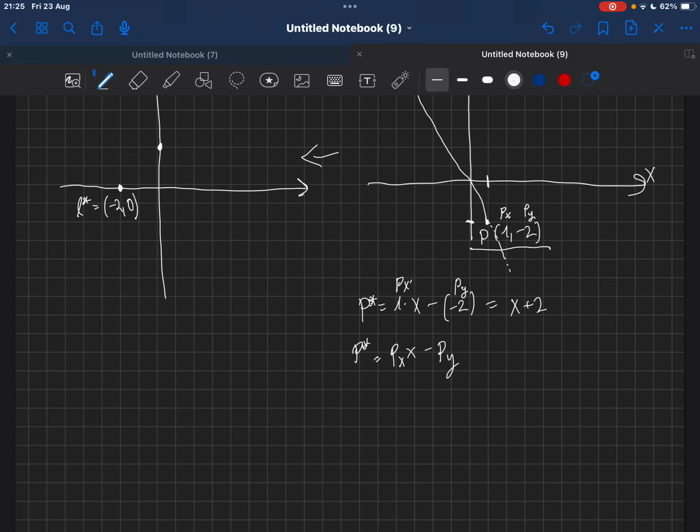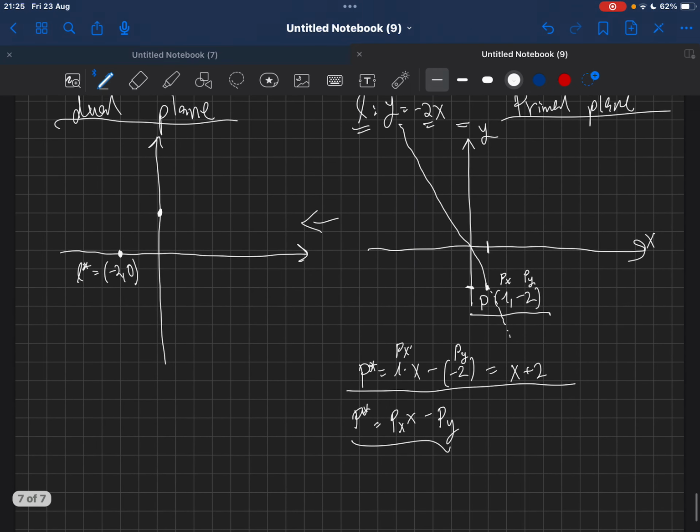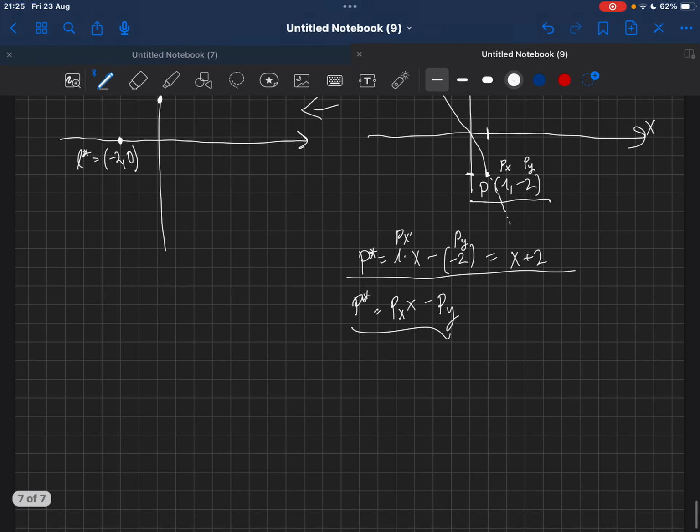So I'll get this point. This would be the intersection point with the y-axis for this line. Now for y equals 0, I get x plus 2 equals 0, so x equals minus 2.